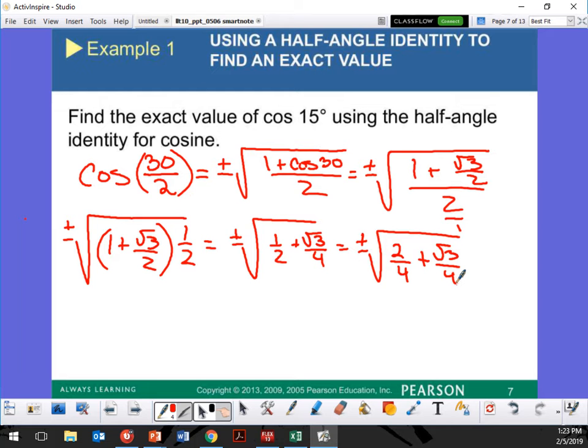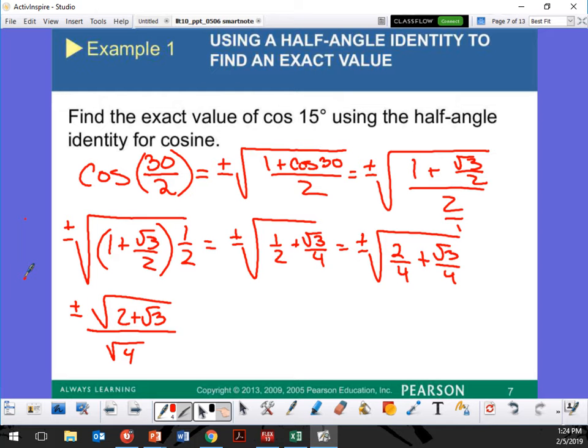Yes. Okay, so again, plus or minus, and I'm going to break up my radical: 2 plus rad 3 all over rad 4. How'd you get the 2 over 4? You just multiplied top and bottom by 2, then you get a common denominator.